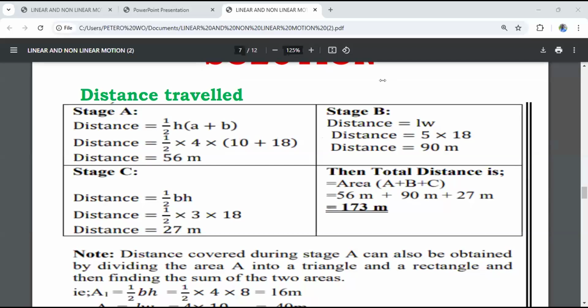Teacher, after getting the total area, in math our teacher multiplied by 1 meter. Every time after finishing, he would get the distance and say it's just 90, and then 56 and 27.